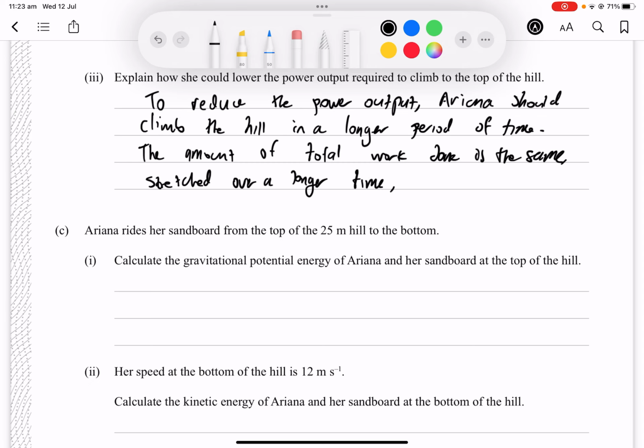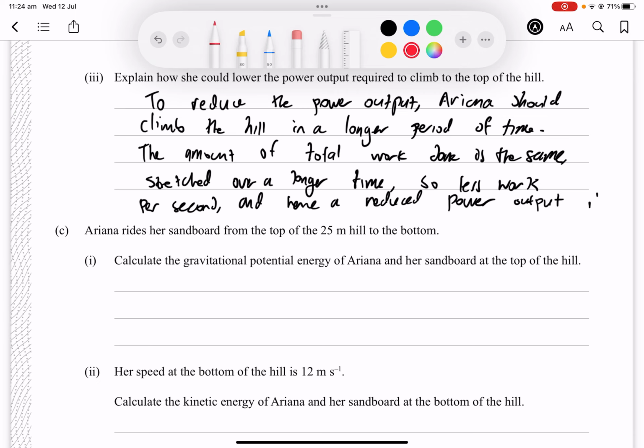So we can stretch over a longer period of time, so less work per second, and hence a reduced power output. So in this case the work stays the same, but we do less work per second since we're doing it over a longer period of time, so we have a lower power output.